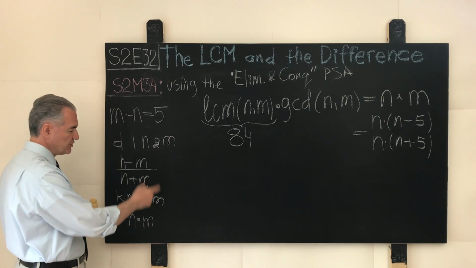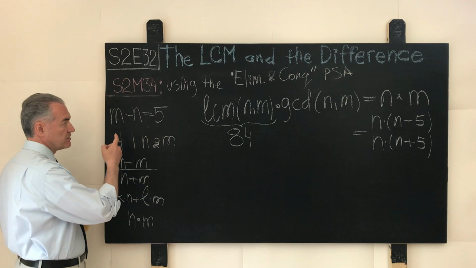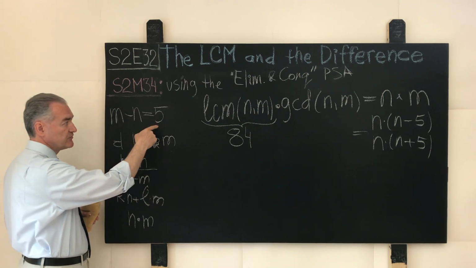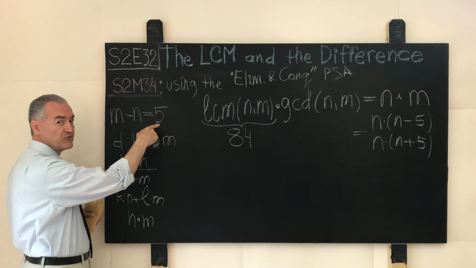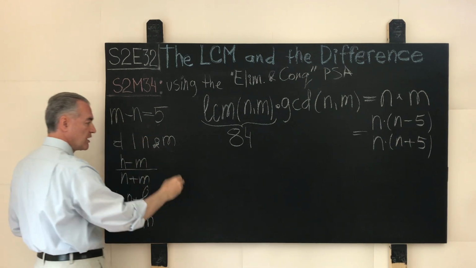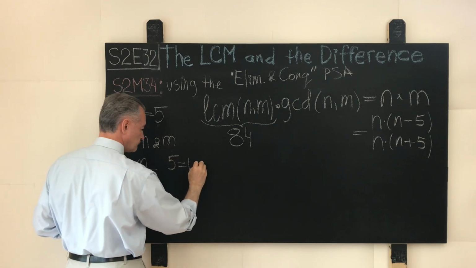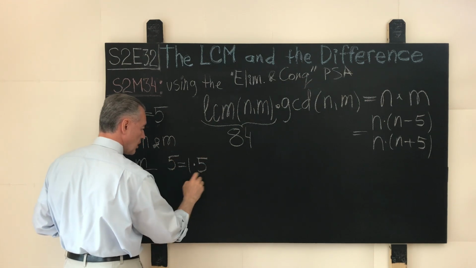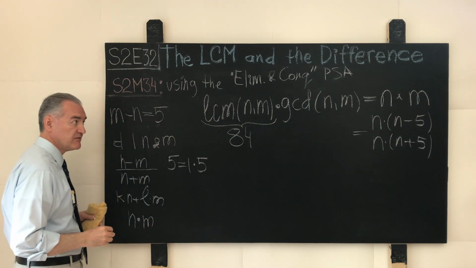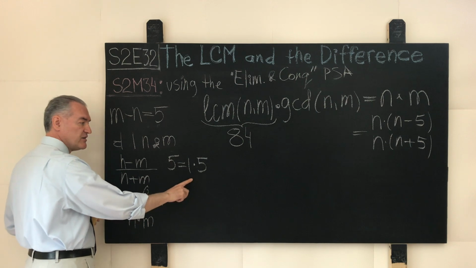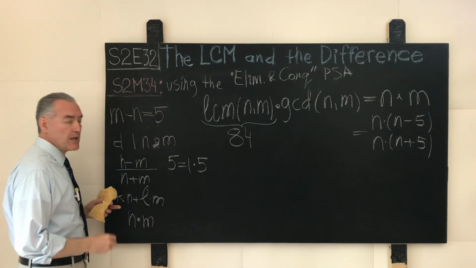And the bottom line of this observation is that the greatest common divisor of two mystery numbers must divide their difference, but the difference is what? 5, and 5 this time is prime, and 5 has how many positive divisors? Only 2, 1 and 5. That means that the greatest common divisor of the mystery numbers over here must be what? Either 1 or 5. Is that it?